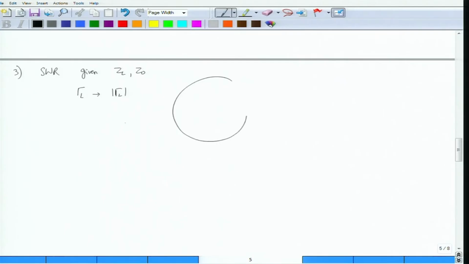So you have your Smith chart in this way. There is a unit circle here. You enter your Smith chart with a given value of gamma L. Let us say this is the value of gamma L that I am entering, and from the center you find out the radius and then draw a circle.